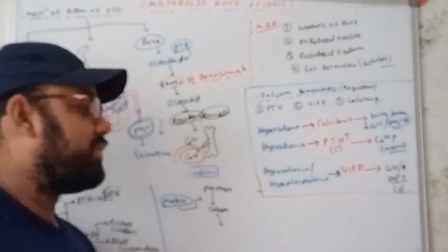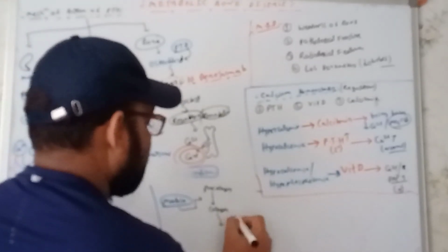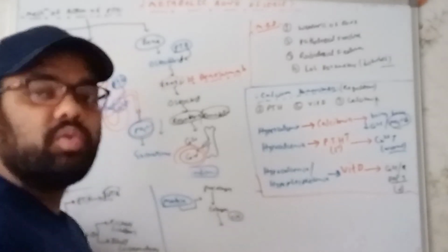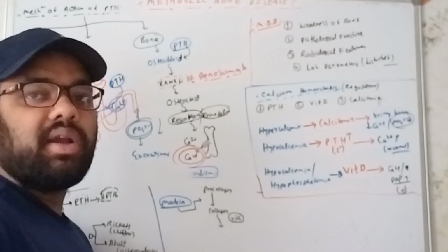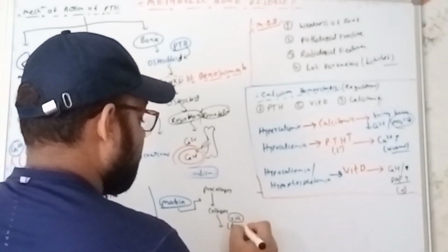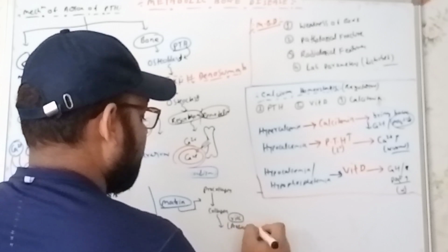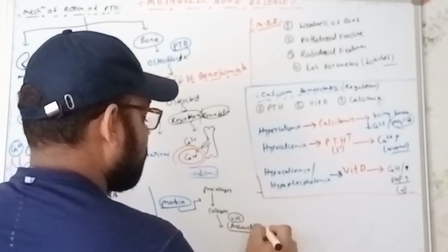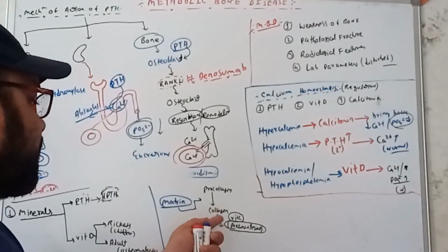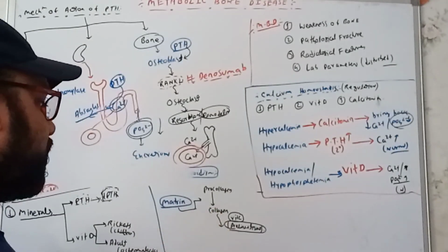Hydroxylation reactions by vitamin C. So vitamin C comes over here and helps in hydroxylation of two amino acids, proline and lysine. Here we'll see the hydroxylation of proline plus lysine with the help of vitamin C, so the collagen is ultimately formed in its mature form.